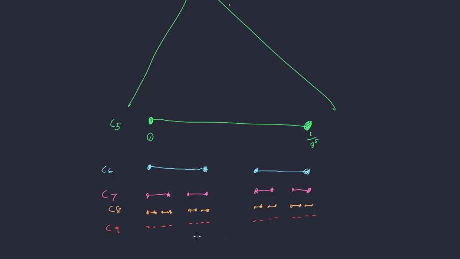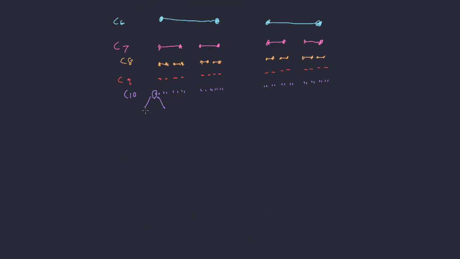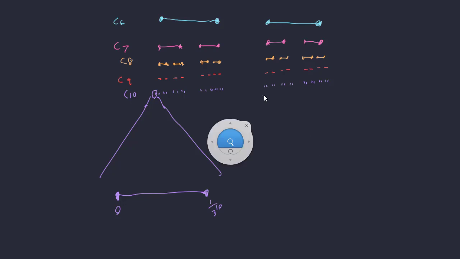Okay, and then C10 would be even smaller, and we could zoom into this piece and start the process all over again. And that would just be the rightmost piece would be 0 to 1 over 3 to the 10th, and continue the process over and over and over again.